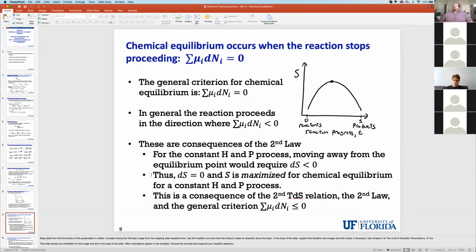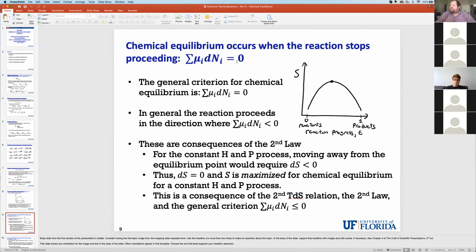Okay, so because at chemical equilibrium, the change of the moles of each species is equal to 0, the general condition for chemical equilibrium, regardless of which variables are being held constant or other thermodynamic constraints that are being applied to your system, is that the sum of mu_i dNi is equal to 0.